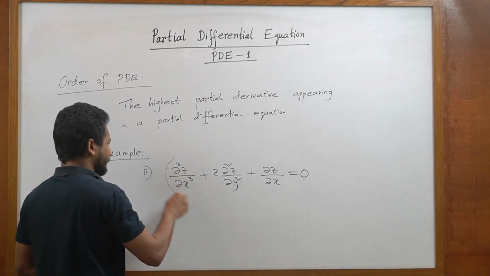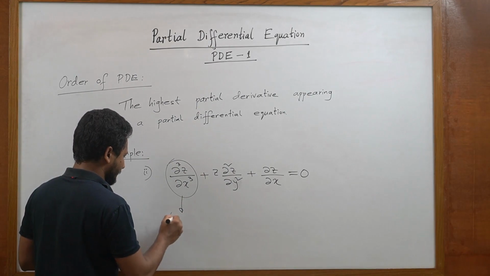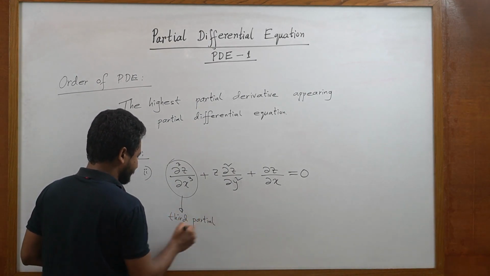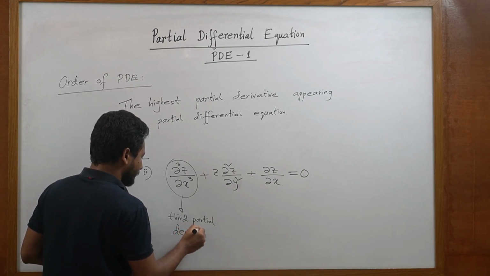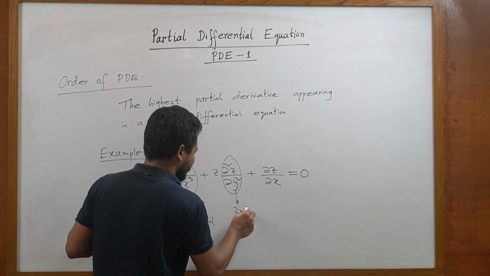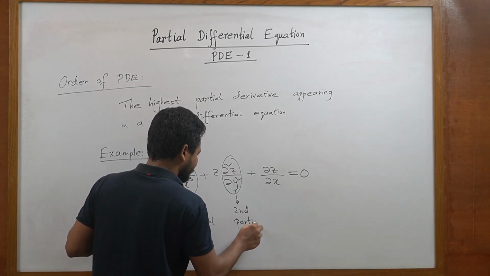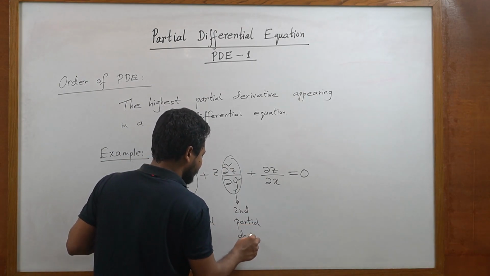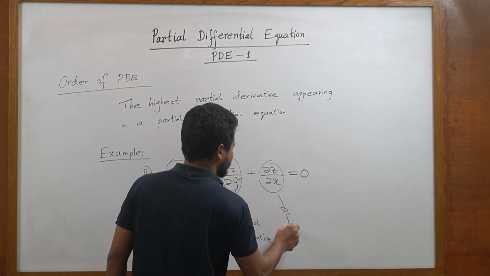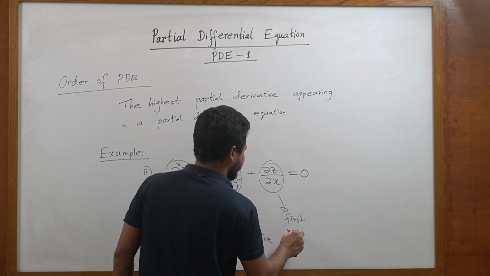Now here this is the third partial derivative operator, third partial derivative. This is second partial derivative, and this is first partial derivative.